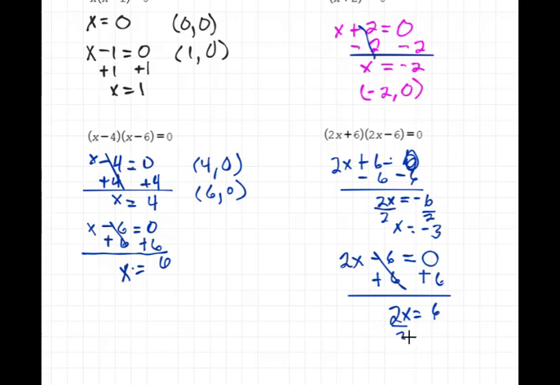Divide both sides by 2. X is equal to 3. So in this example, when x is negative 3, y is 0. And when x is positive 3, y is 0.